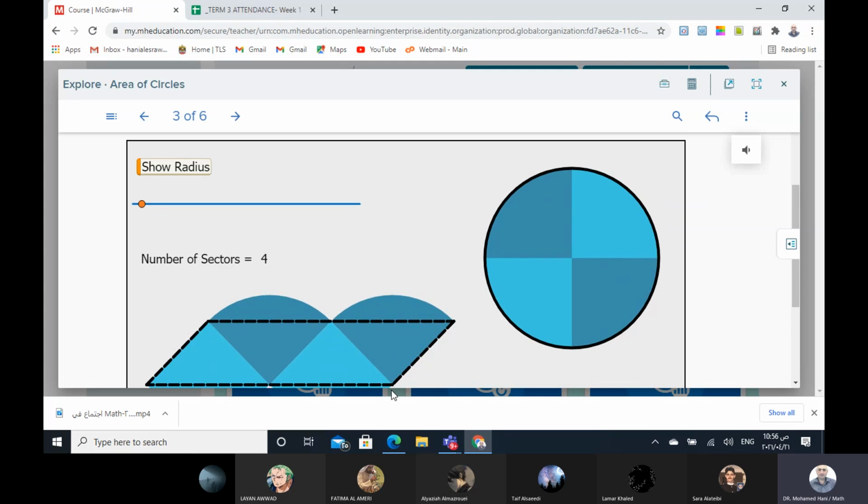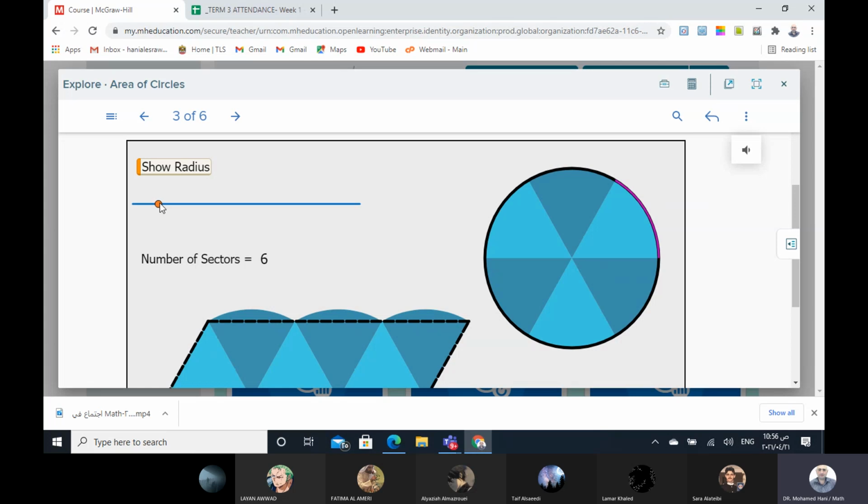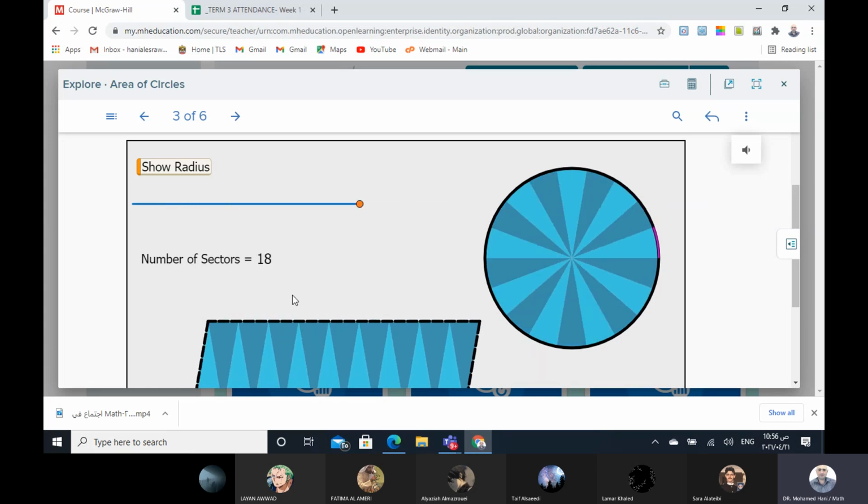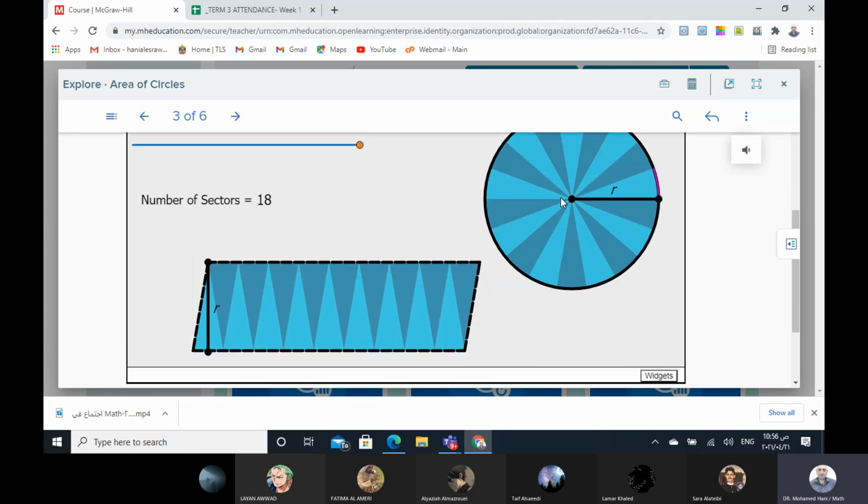And here we have the parallelogram. Now here we have 18 sectors. And the radius in the circle will be the height in the parallelogram.